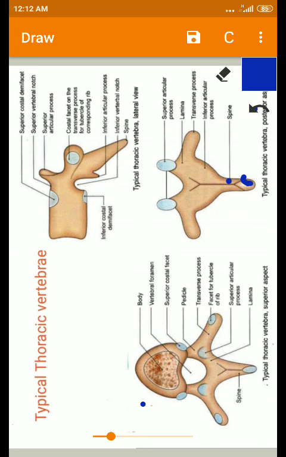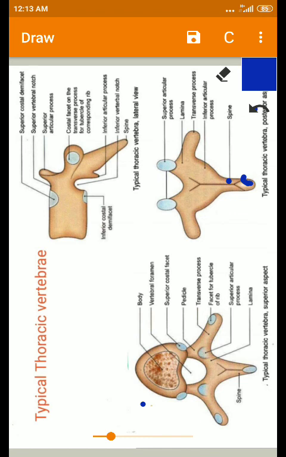All these muscles are back muscles, which support the entire vertebral column, the entire trunk, on its posterior aspect.